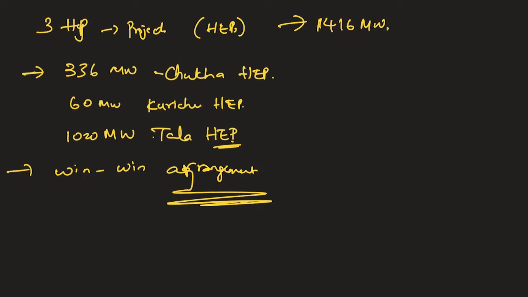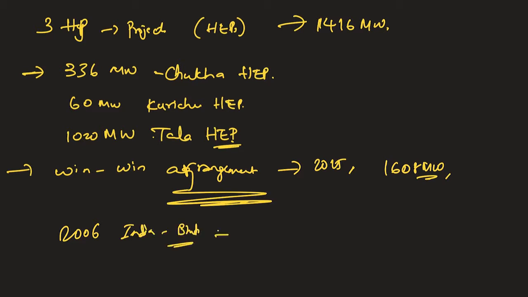While Bhutan's installed hydropower capacity in 2015 was about 1608 megawatts, in 2006 India and Bhutan signed an agreement on hydropower, with an additional protocol in 2009.